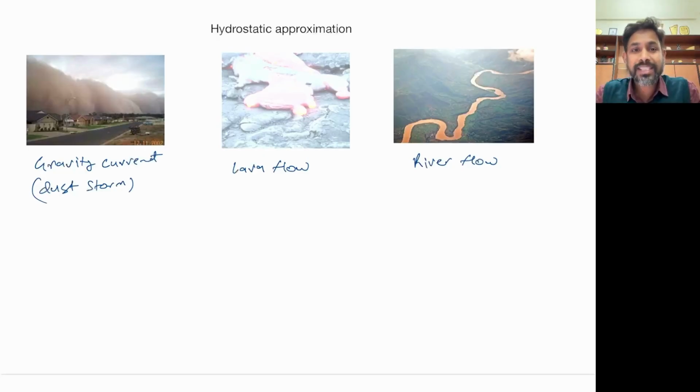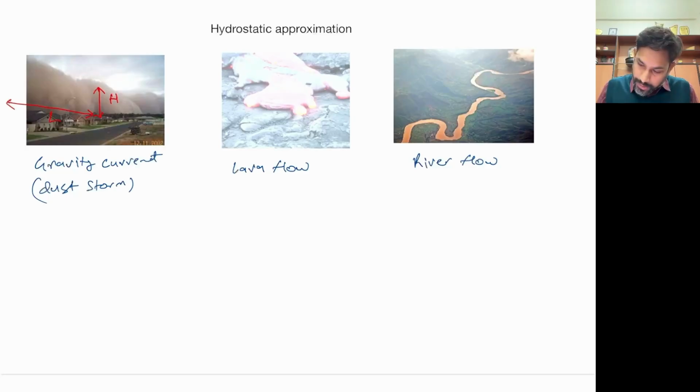the flow is much greater than the vertical length scale, right? And to understand that, let's look at it more carefully. For instance, this is the height of the gravity current here, but if you try to measure the length of the gravity current, which we are not even able to see in this image clearly, that L will be much greater than H. It will extend far behind the view that we have here.